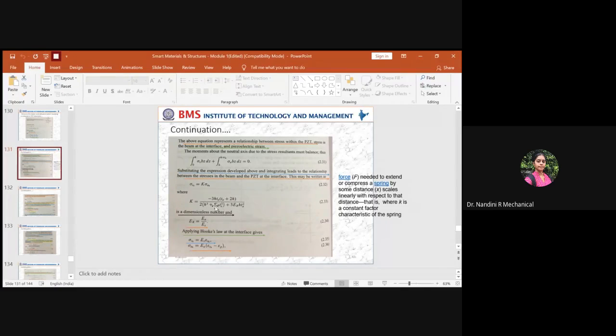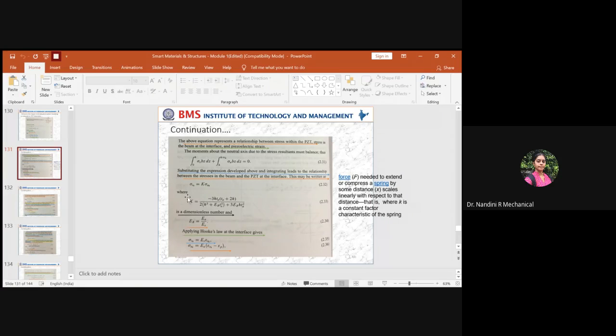Okay. So the terminologies are the same. H will be nothing but the height of the beam structure above the neutral axis, and TA, T suffix A, will be the thickness of the PZT patch. And ER is nothing but the ratio of the elastic modulus of the actuator to the elastic modulus of the structure, given by E suffix R. Okay, this is a new term you have to understand.